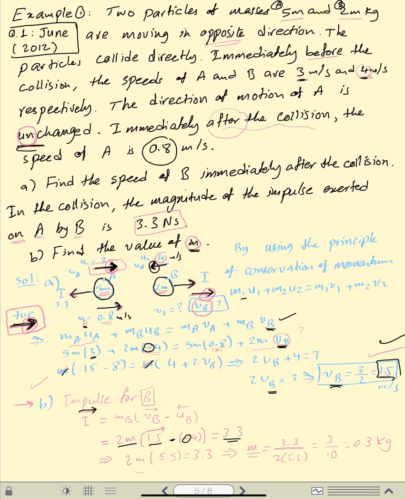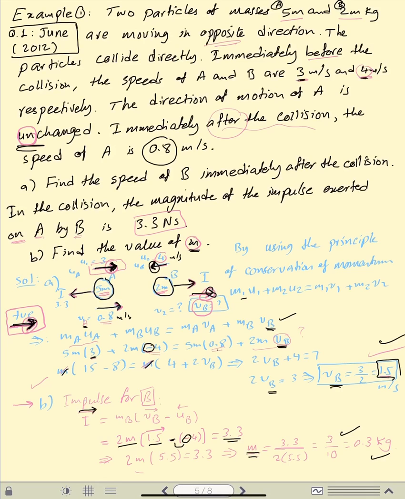Since UB from the beginning is opposing UA, it's opposing VB as well. So it will be 2m times 1.5 minus, which is plus 4. So it's 2m times 5.5 is equal to 3.3. By calculating for m, you will get the mass is 0.3 kilograms.